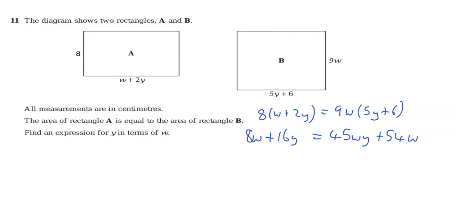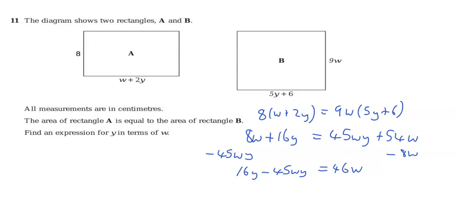And then we want to get everything which is Y on one side and everything which is not Y on the other side. So if I take 8W off each side and I take 45WY off each side, I get 16Y minus 45WY equals 46W.